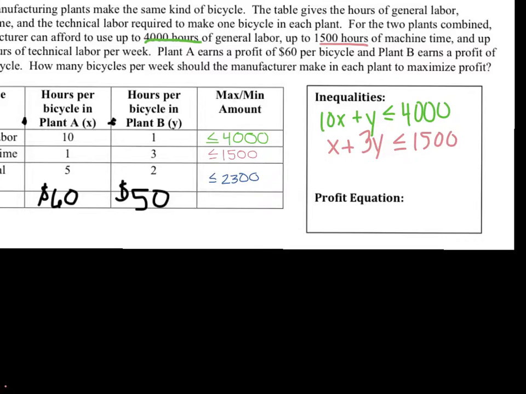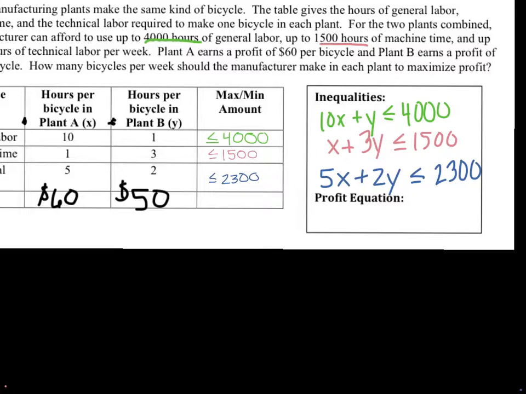And your last inequality is 5x plus 2y has to be less than or equal to 2,300.